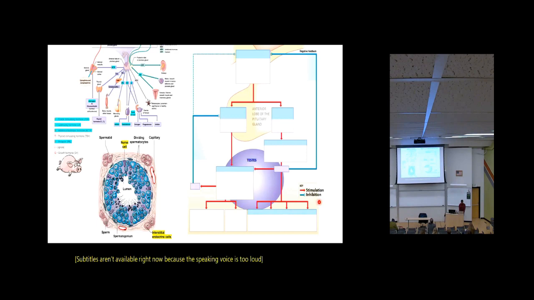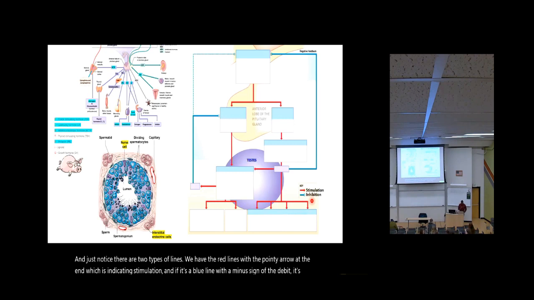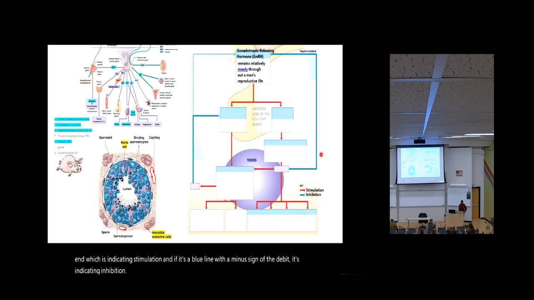Just notice that there are two types of lines. We have the red lines with the pointy arrow at the end, which indicates stimulation, and a blue line with the minus sign at the end of it indicates inhibition. Our story is going to start with the hypothalamus releasing the GnRH hormone.